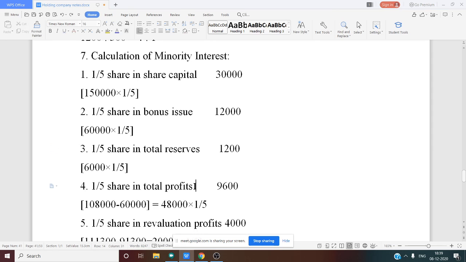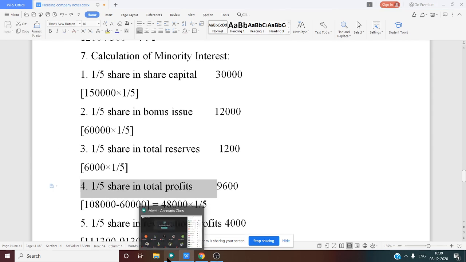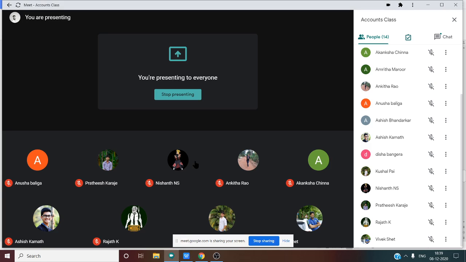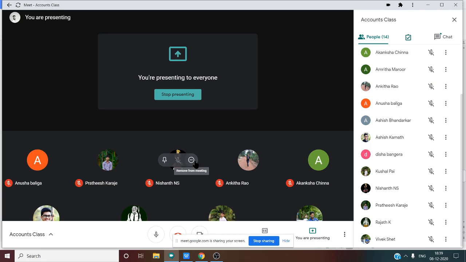Similarly, there is the total profit, but in total profit you have to deduct the bonus issue. Why? Because total profit is 1,08,000, as given in the balance sheet, and out of pre-acquisition profit the bonus issues are made.